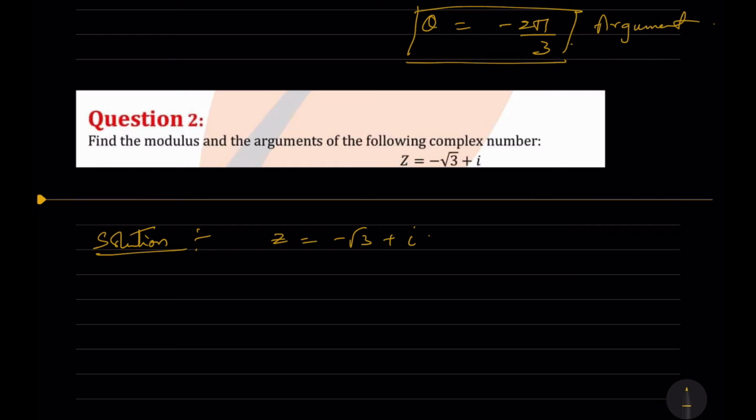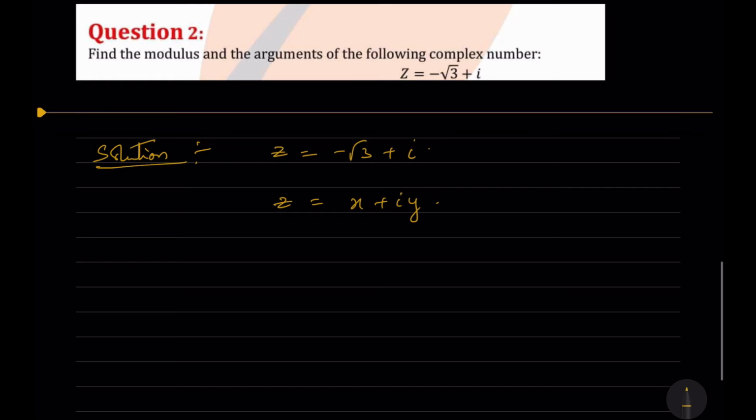We will first find out the modulus. You know z is equal to x plus iy. Here x is equal to minus root 3 and y is equal to 1. Now what is the modulus?